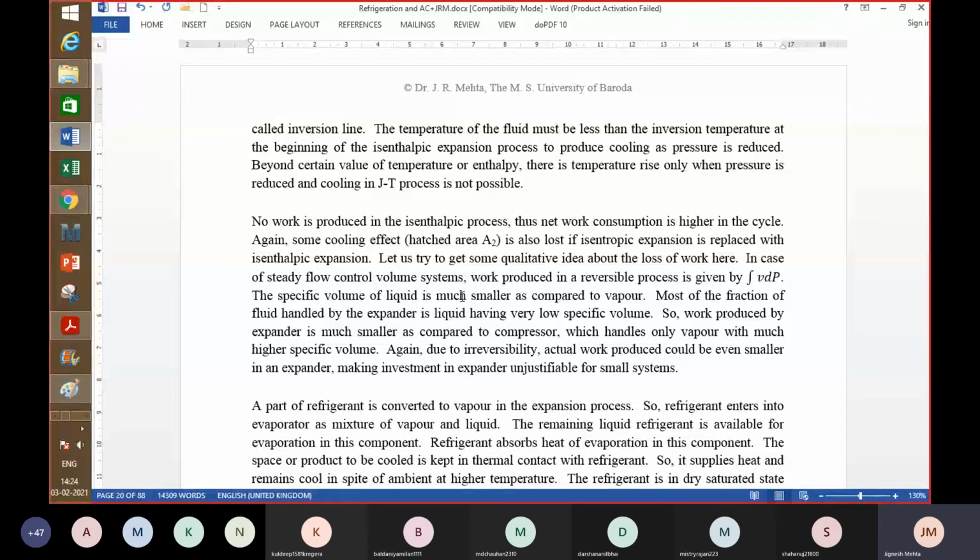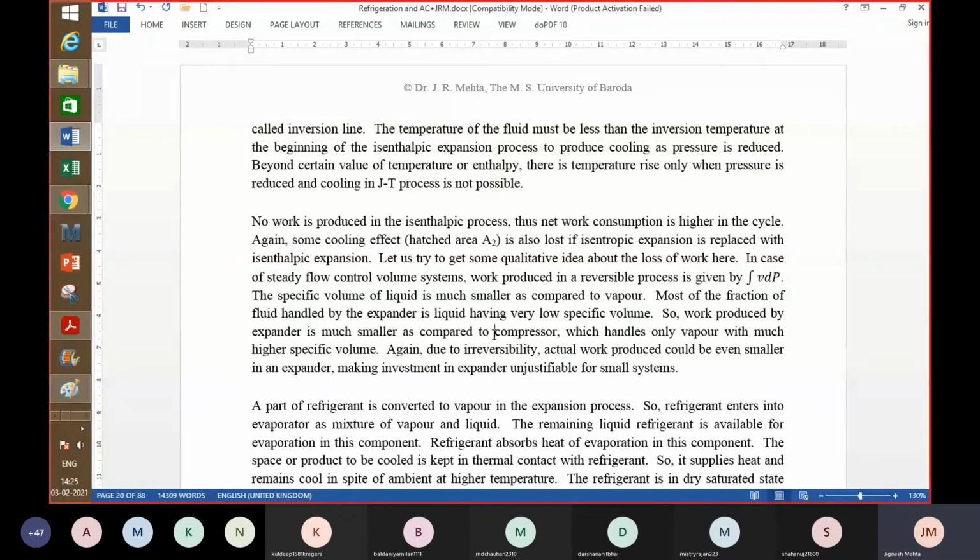Work produced by expander is much smaller as compared to compressor, right? As compared to compressor, because compressor is handling only vapor. So that's why it will be much smaller, right? You can compare it with, let's say, the Brayton cycle and the Rankine cycle. So in Brayton cycle, you have to consider the work of the compressor because it is handling gas.